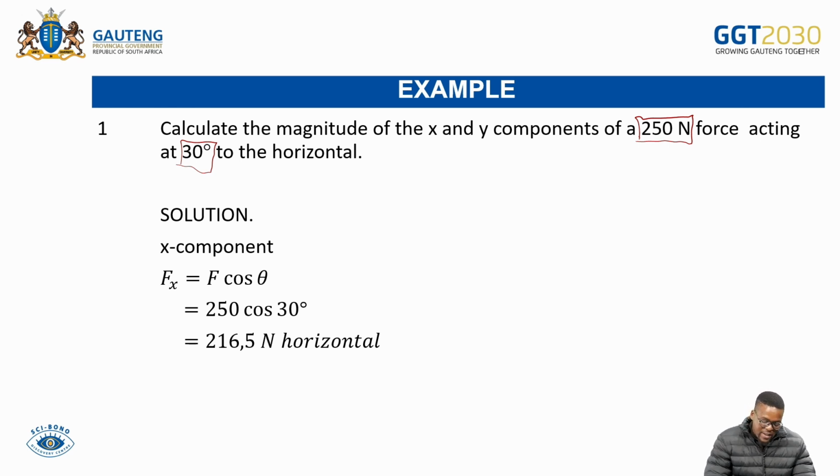We say Fx is equal to F cos theta, which is our equation, and F is 250, so 250 cos 30, and then you punch your calculator. 250 cos 30 would give you 216.5 newtons horizontal. So this 216.5 newtons is the magnitude. That's how we calculate the x component, or the horizontal component.